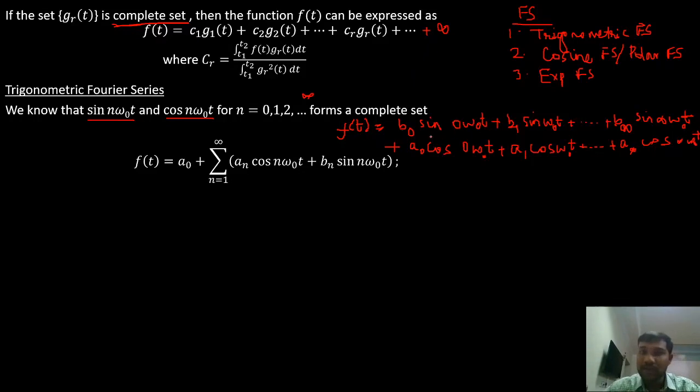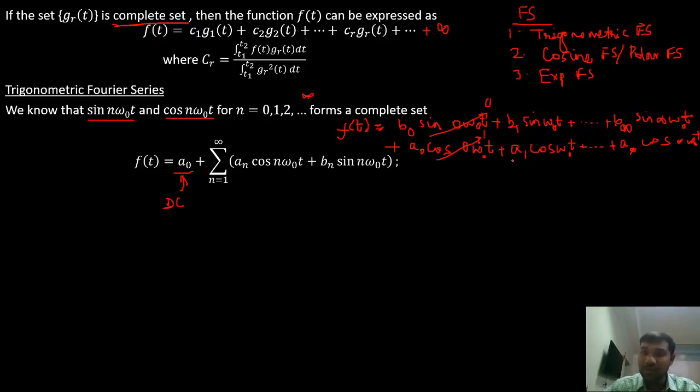So sine 0 omega naught t is 0, cos 0 omega naught t goes to 1. So simplify this. I have a naught, which is my DC term, and I have a1 cos omega naught t, b1 sin omega naught t. Similarly, a2 cos 2 omega naught t, b2 sin 2 omega naught t, and so on up to infinity.